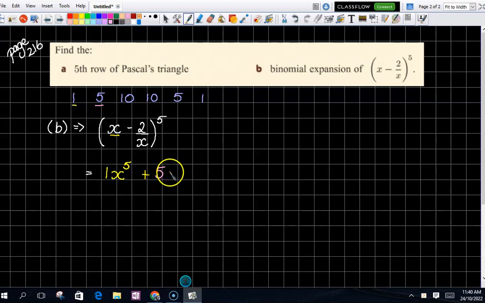We take our first term, and I'm not using brackets at the moment because it's just x. And that's going to be now, it goes 5, 4. But I need to now do my second term. I will use brackets because there's a negative involved. So that's minus 2 over x to the what power? Well, technically, that will be 1. We're good? And then the next one, so that's going to be plus 10.